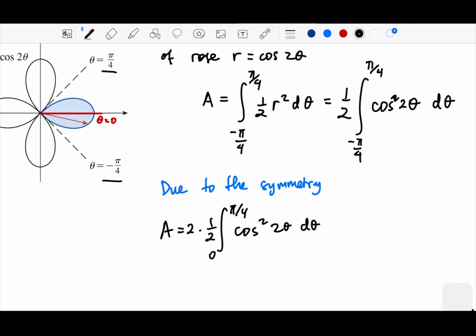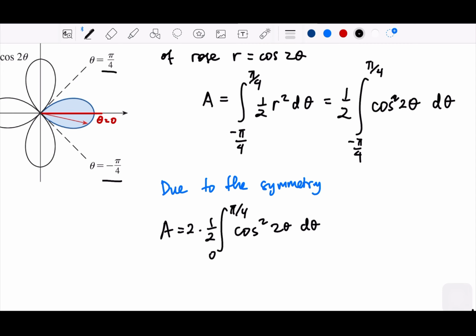Change to the double angle formula. My suggestion for all sine squared or cosine squared is to change to the double angle formula.